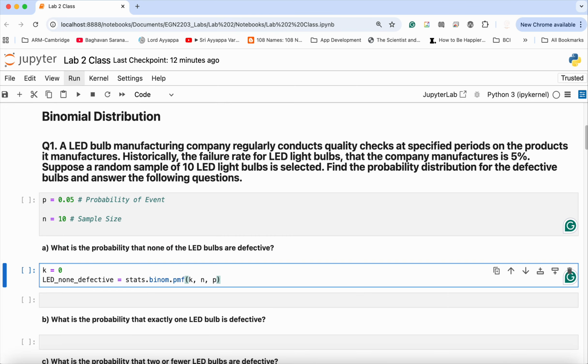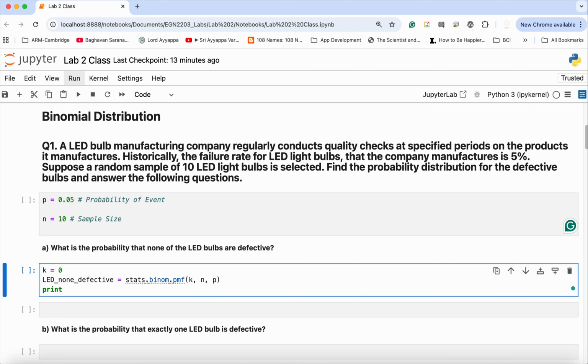Let's print this out as a statement. Print: probability that none of the LED bulbs is defective is, with format 1.4f.